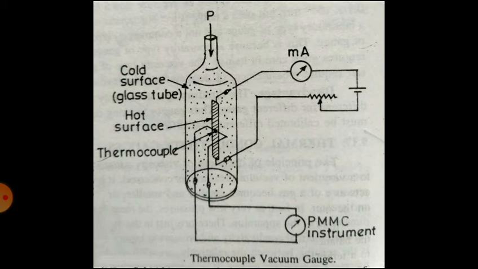The hot surface is a thin metal strip, as you can see in the diagram, whose temperature may be varied by changing the value of current passing through it. The temperature of the heated strip lies between 50 degrees Celsius and 400 degrees Celsius. The temperature of the metal strip is measured with the help of a thermocouple, which is welded to the hot surface.